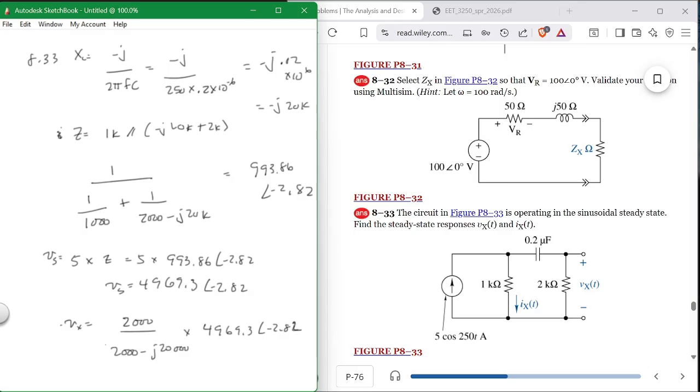That's our voltage across V sub x. So there it is. Voltage divider: 2000, which is this, divided by this plus this. We know the voltage here, so we can go around this loop and say, what's the voltage across here? There it is. Any questions? Voltage divider is your best friend.